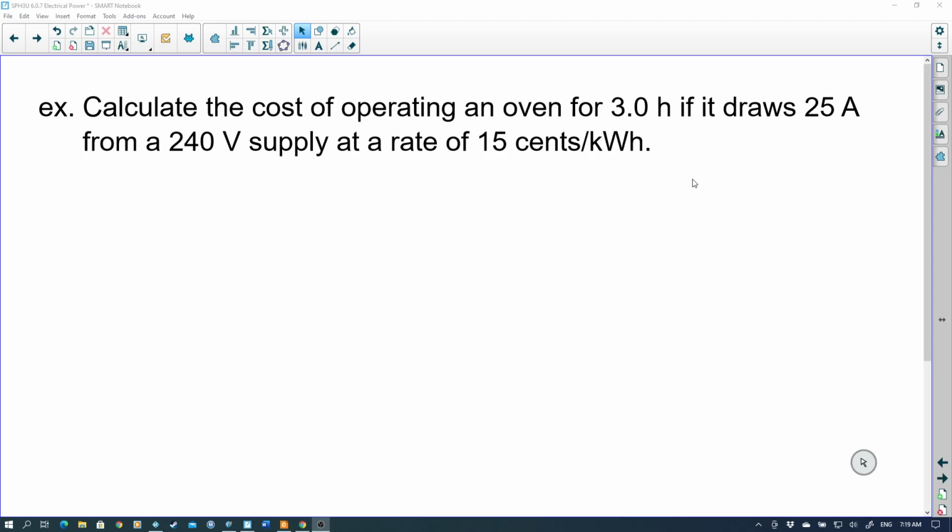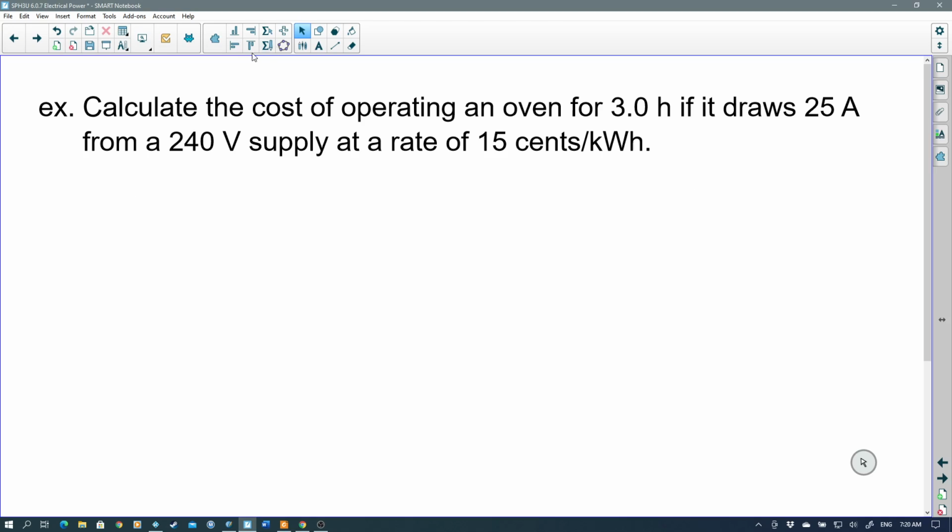We'll talk about what that means in a second, but let's focus on the watts, okay? We know that power gives watts, right? And we're given a current and we're given a voltage. So let's start there. Let's calculate the watts with 240 volts and 25 amps.